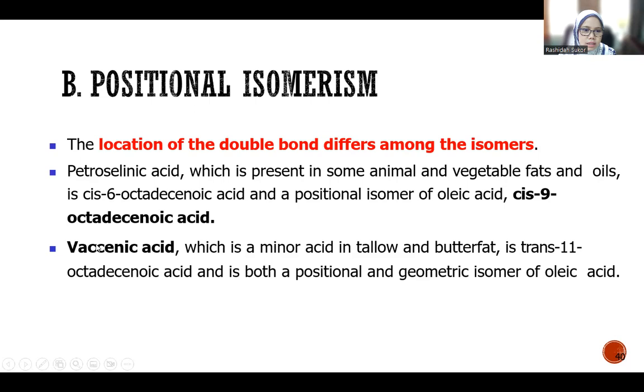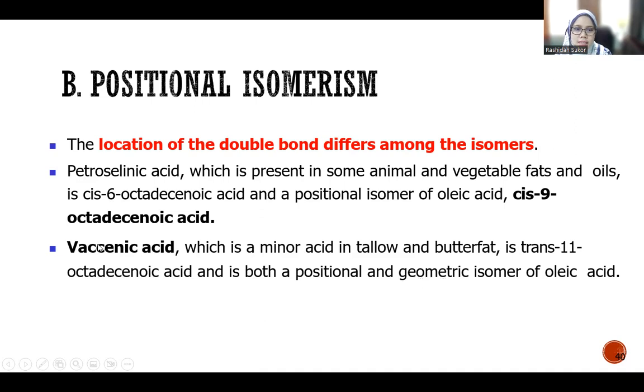Okay. The vaccenic acid, which is a minor acid in tallow and butterfat, is trans 11-octadecanoic acid, and both a positional and geometric isomer of oleic acid. Nanti kita tengok apa yang oleic acid and also the position and geometric isomer.